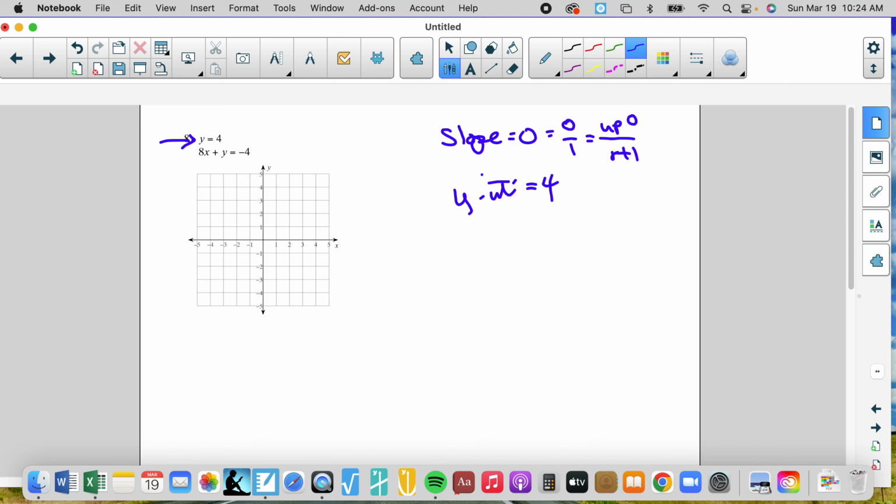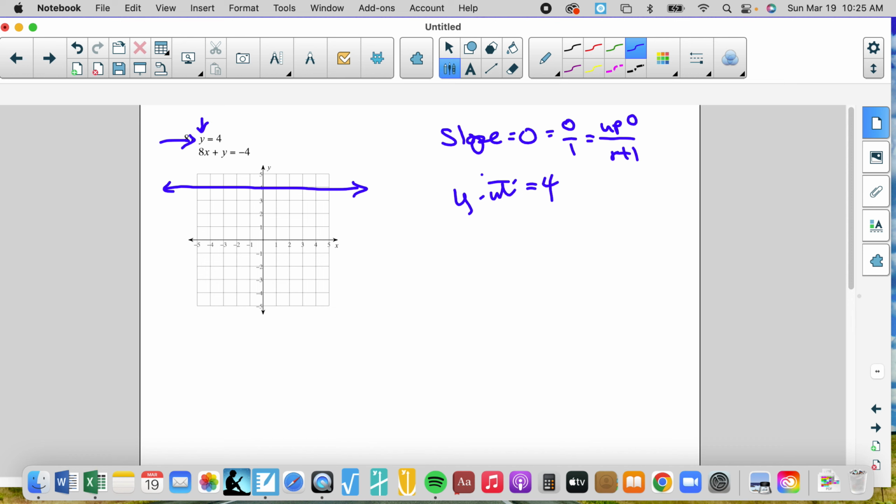Or we can see that there's only one variable. When there's one variable, we know it's either vertical or horizontal. And what we do know is the variable that we see and the number, y equals 4, so we know that it goes through the y-axis at 4. So it would give us that line.